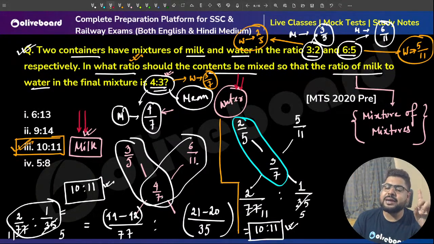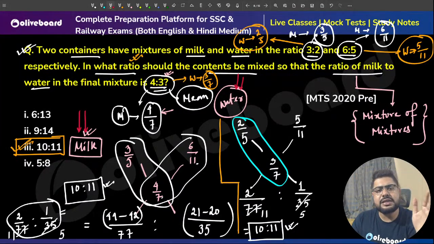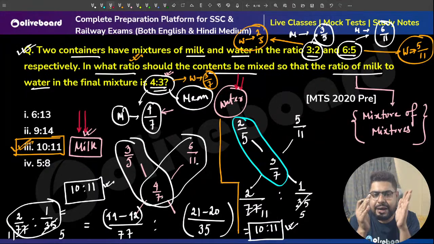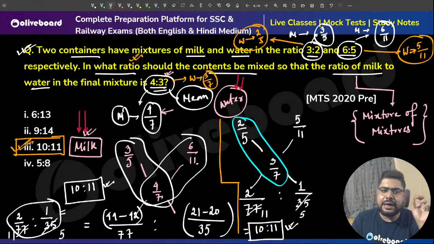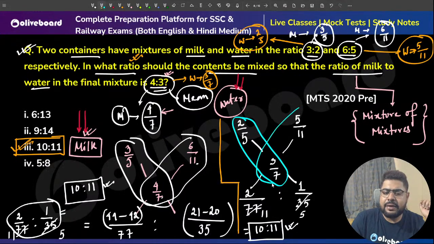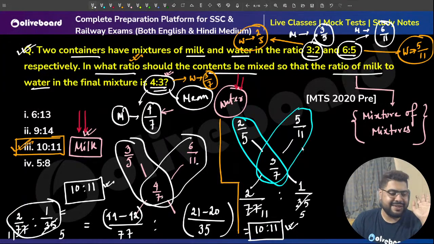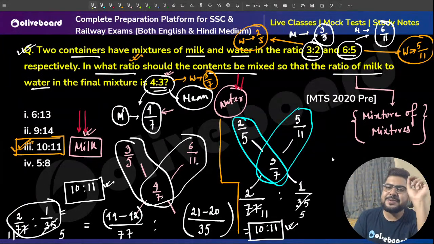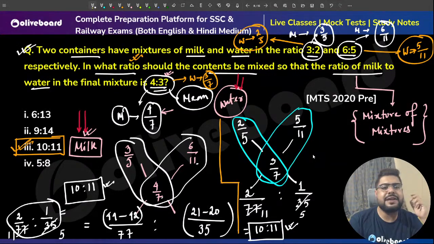The only thing that matters is whether there is a linear relationship between the variables. If yes, definitely the allegation theorem can be applied. Clear everyone? Absolutely clear. If you're understanding the things, please feel free to leave a like.